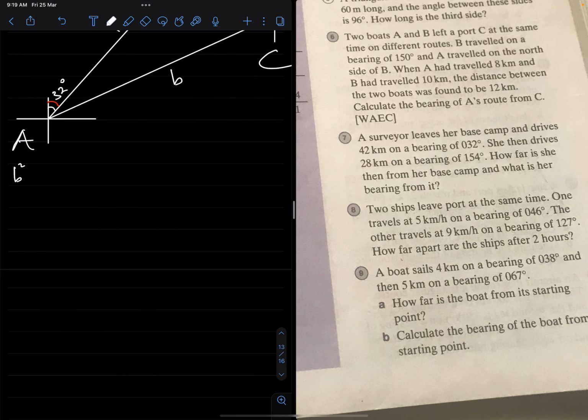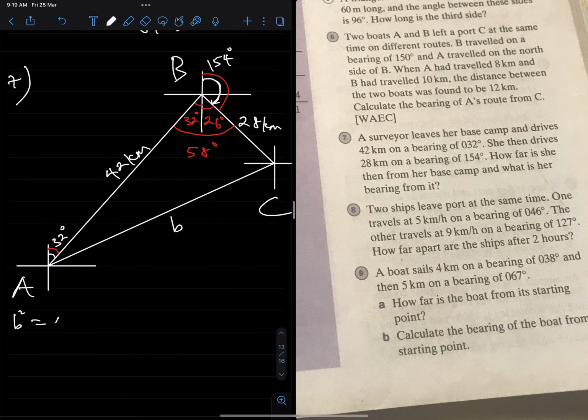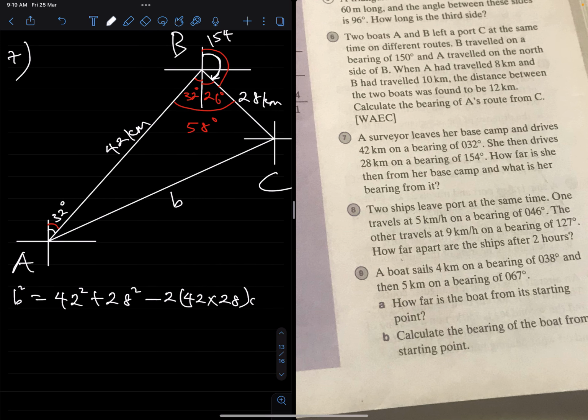b squared equals 42 squared plus 28 squared minus 2 times 42 times 28 multiplied by the cosine of angle 58 degrees.